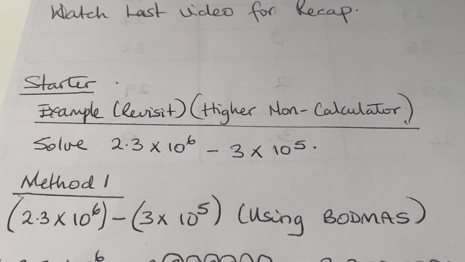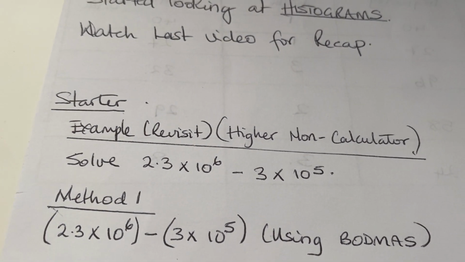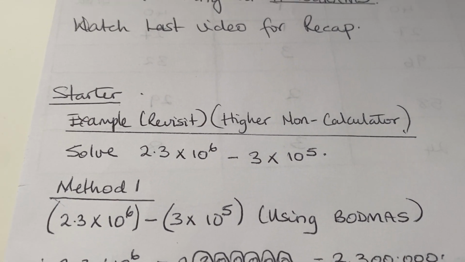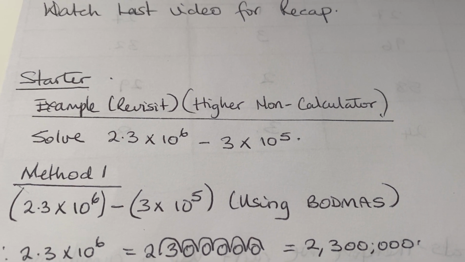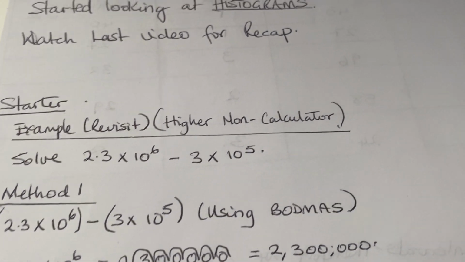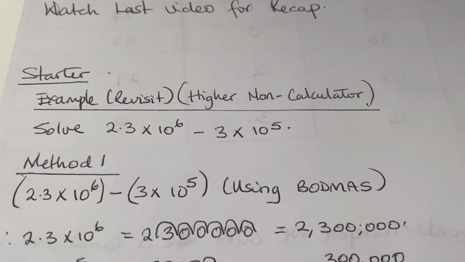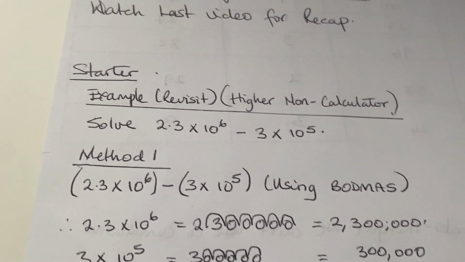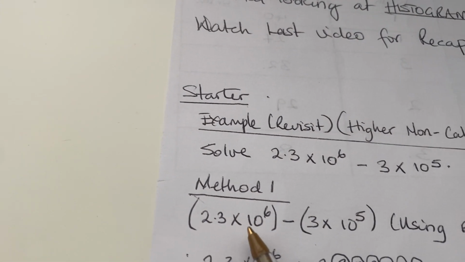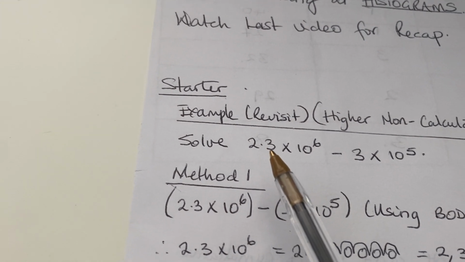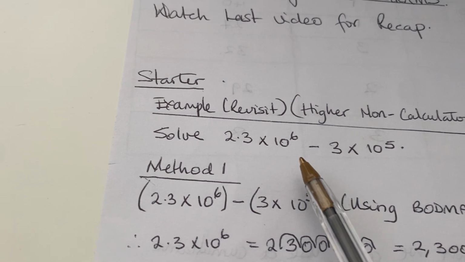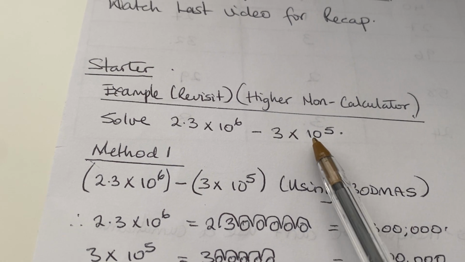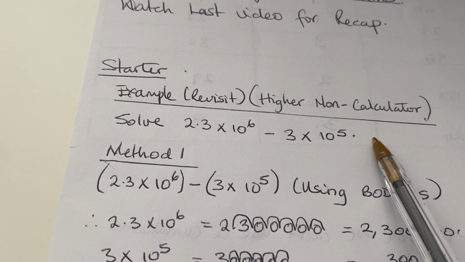So I'm going to revisit it again. The first two methods I've written out, and the third one I'm going to show you how I reason that out. So please let's get on. We have 2 times 2.3 times 10 to the power 6, minus 3 times 10 to the power 5.